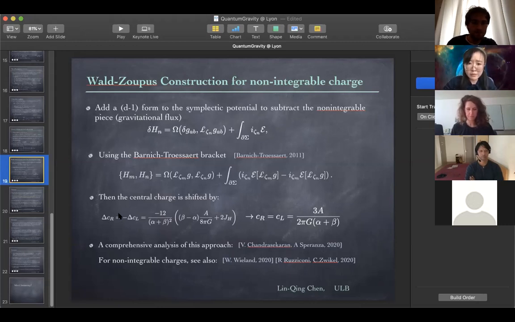And so here we know that the Wald-Zoupas counterterm is actually just the flux piece of the symplectic potential. It will always correct the central charge in an equal way. And this AdS3 foliation is embedded in a higher dimensional spacetime, so we still have those transverse theta directions.